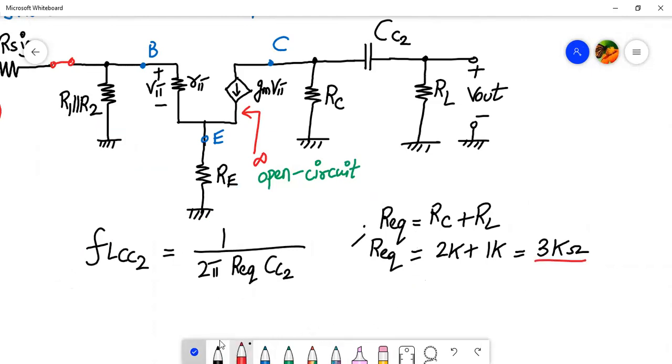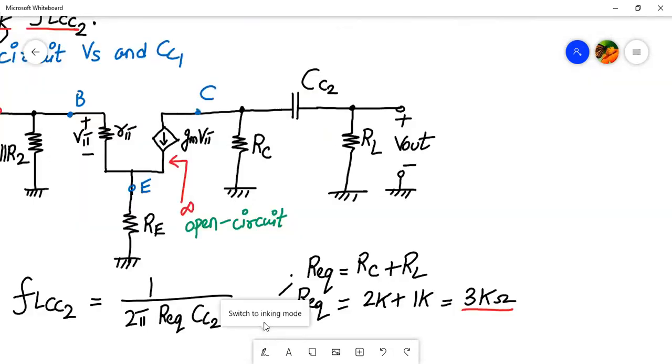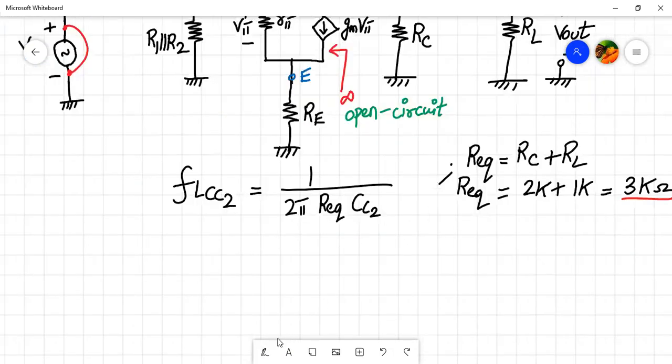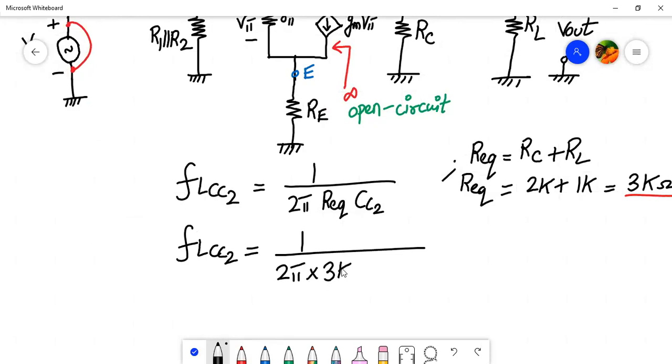Now we have to substitute it over here. CC2 value is given as 4.7 microfarad. So FL of CC2 will be 1 upon 2 pi into 3 kilo ohms. What do you mean by 3 kilo ohms? 3 into 10 raised to 3 into CC2 value is 4.7 microfarad.